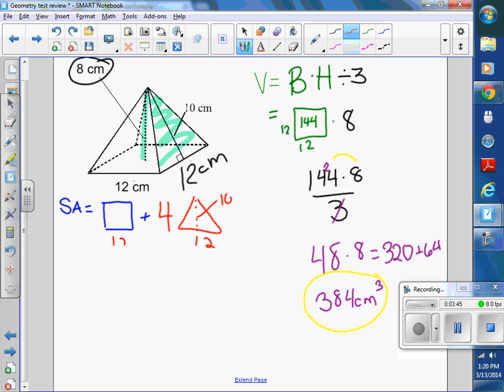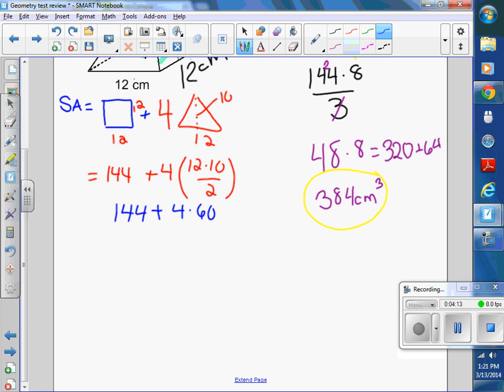So this is 12 by 12, so this is 144. And this is 4 triangles. And the area of one triangle is 12 times 10 divided by 2. So 12 times 10 divided by 2 is what? 60. And 4 times 60 is what? 240.